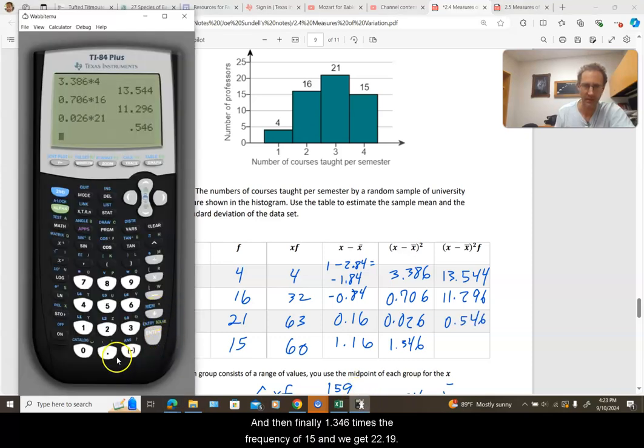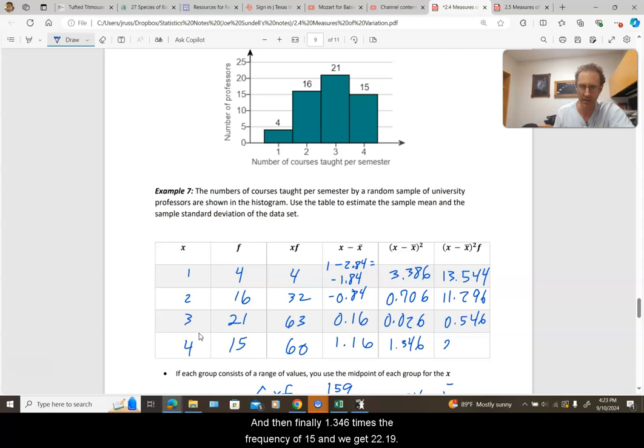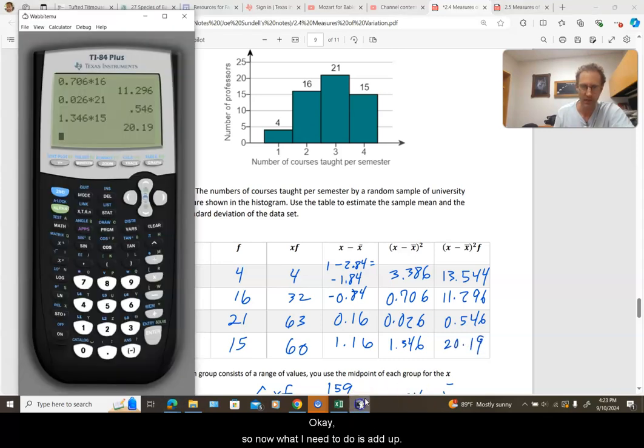And then finally, 1.346 times the frequency of 15, and we get 20.19. Okay. So now what I need to do is add up. I need to find the sum in this column.